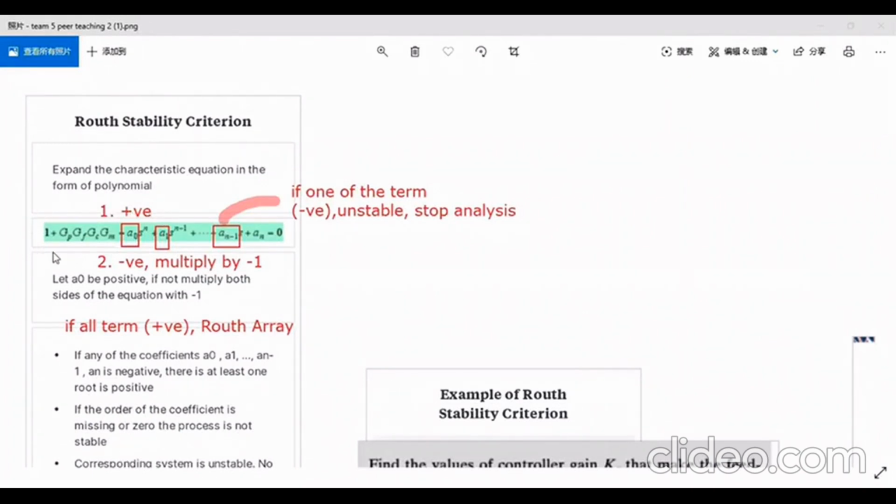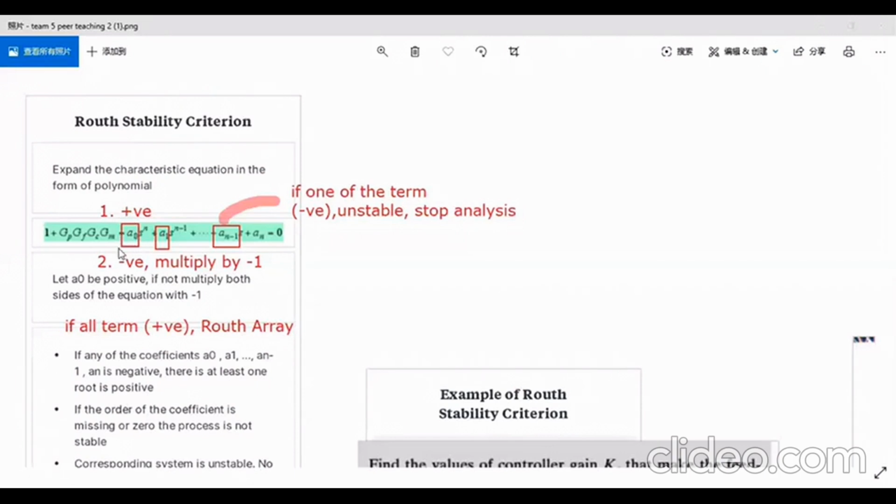First, we need to know the characteristic equation, and for Routh stability criterion, we need to convert it to the polynomial form. There are three tips to analyze the Routh stability criterion. First, we need to make sure in the polynomial form, the a naught is in positive form.